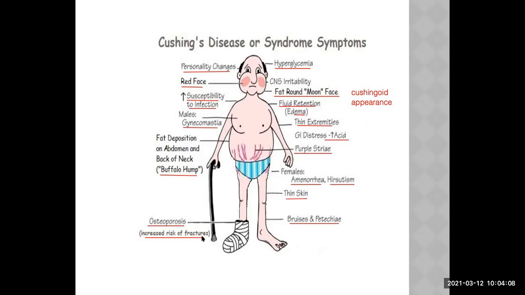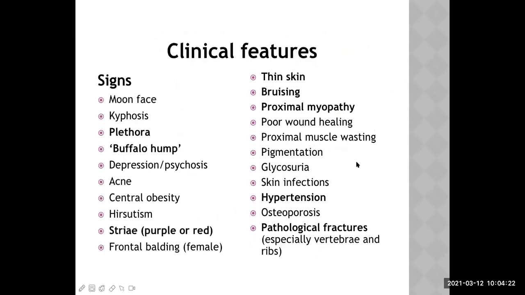So, a very important type of picture, which is telling us a lot of important features of symptoms and signs regarding Cushing syndrome. Now, once again, let's repeat them. Moon face, don't forget about it.